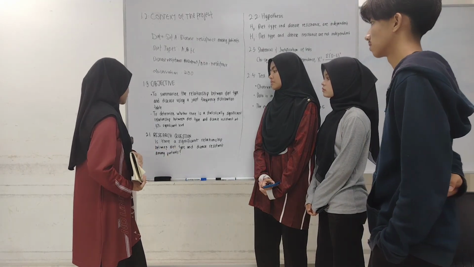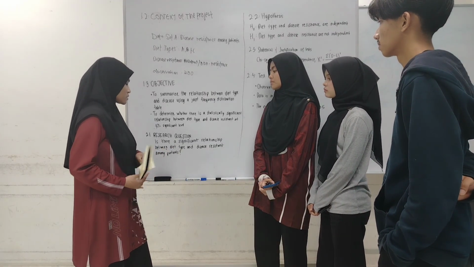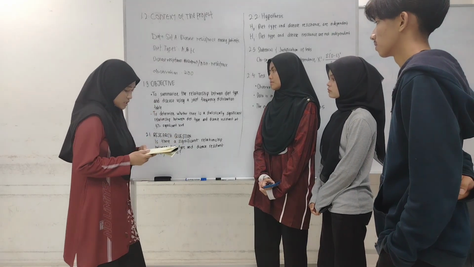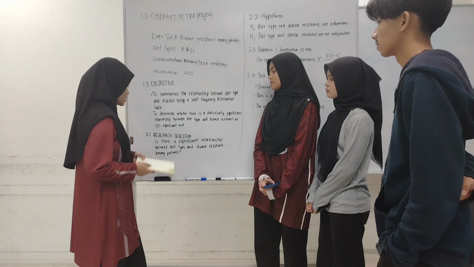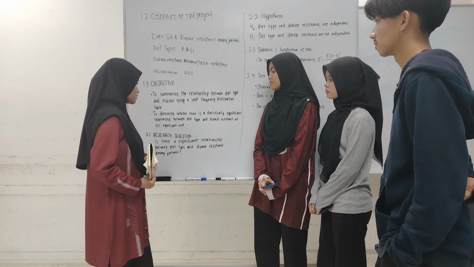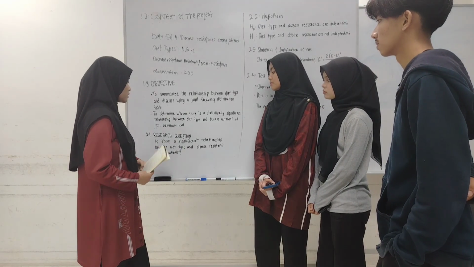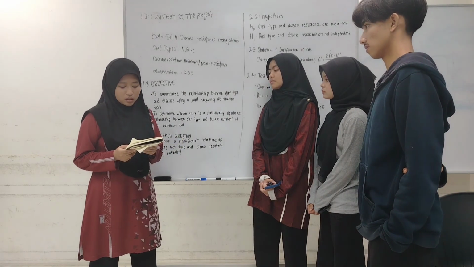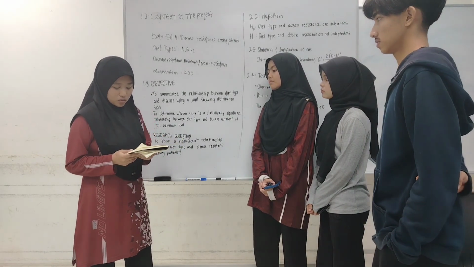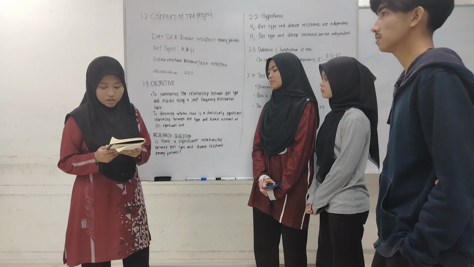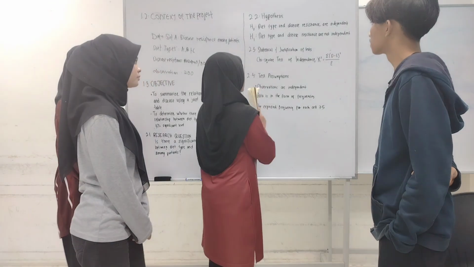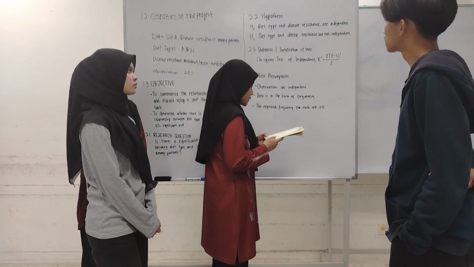Based on these objectives, the research question is: is there a significant relationship between diet type and disease resistance among patients? To answer this question, two hypotheses are proposed. The null hypothesis states that diet type and disease resistance are independent.